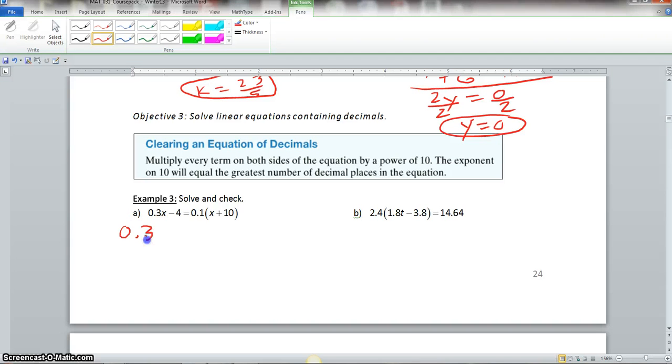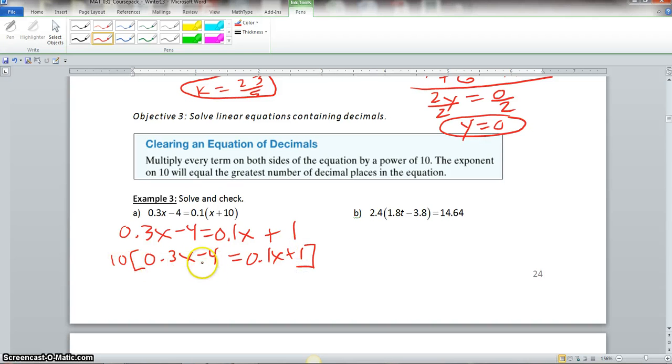This will give us 0.3x minus 4 equals, we use the distributive property, this will be 0.1x plus 0.1 times 10 is 1. Now to get rid of these decimals, we will multiply everything by 10. And I will explain to you why we multiply everything by 10.